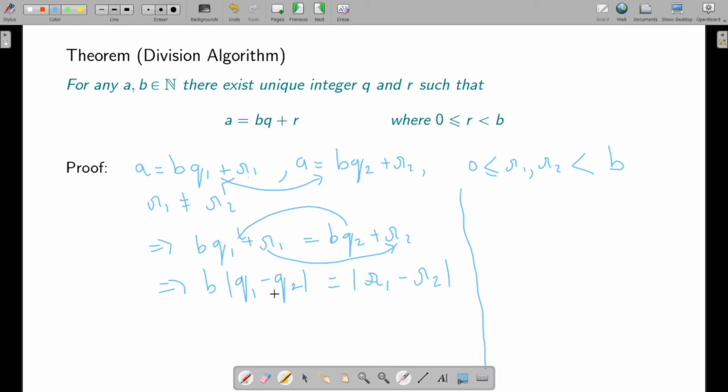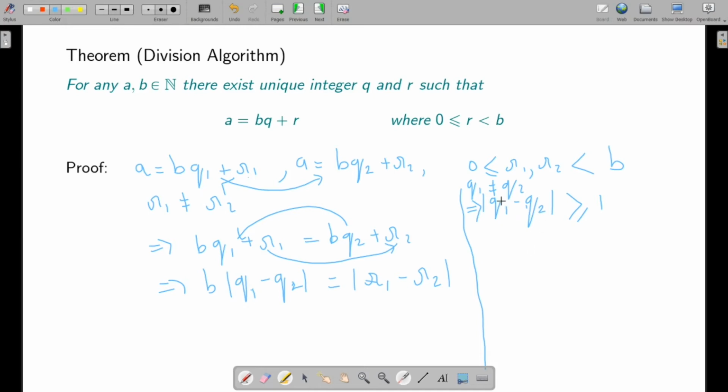Okay. Now, what will happen if Q1 is not equal to Q2? Then the modulus of Q1 minus Q2 is going to be greater than or equal to 1. See, don't try to write all of this because you already have your notes.